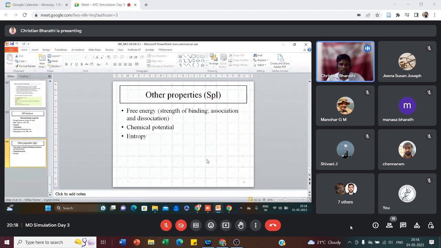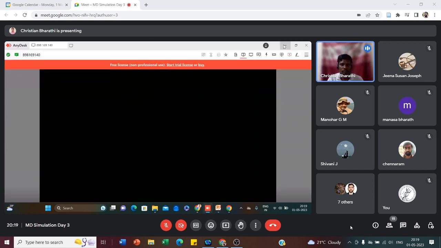Chemical potential can also be obtained through a few specific analyses, and entropy we can derive from free energy, or using entropy we can calculate free energy. These are a few additional properties we can analyze from our MD output.